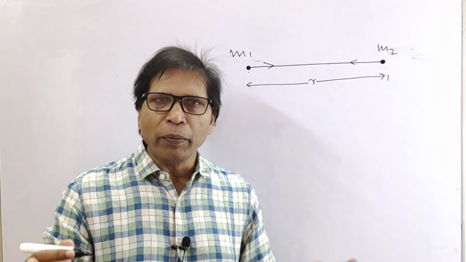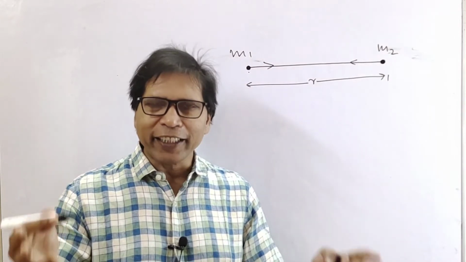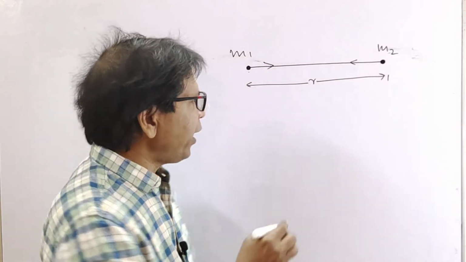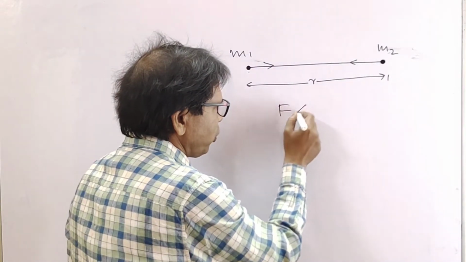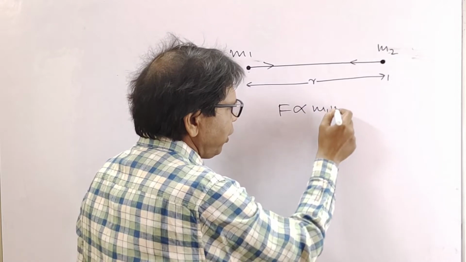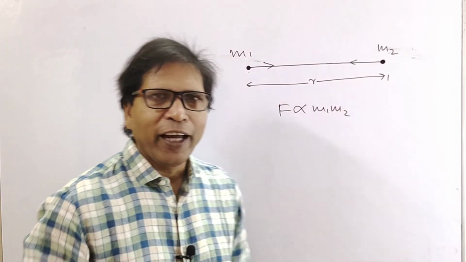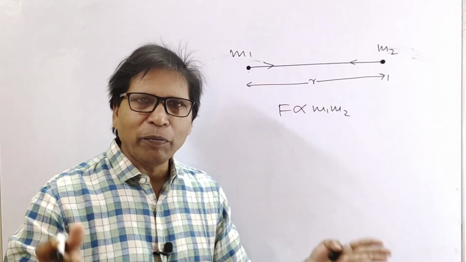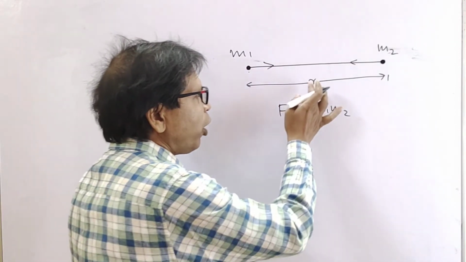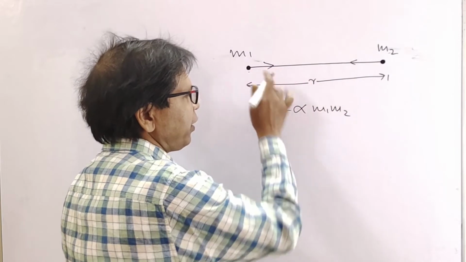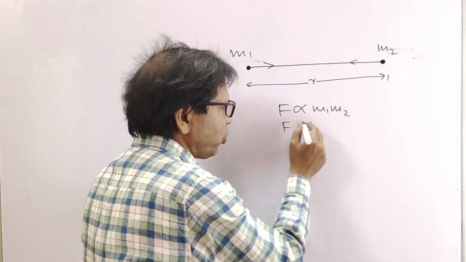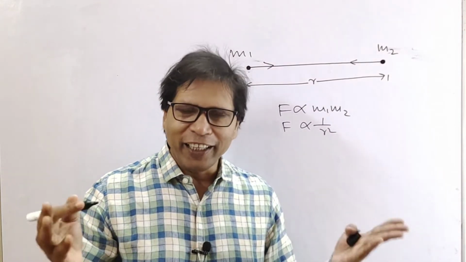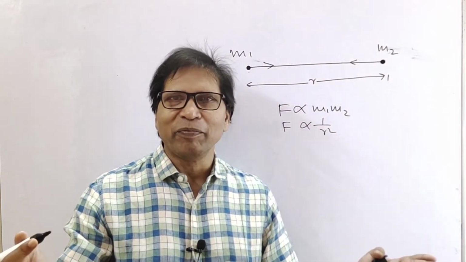The magnitude of this force is directly proportional to the product of their masses, that is F proportional to m1 into m2. And finally, this force is inversely proportional to the square of the distance of separation, that is F proportional to 1 by r square, and this force is independent of medium.